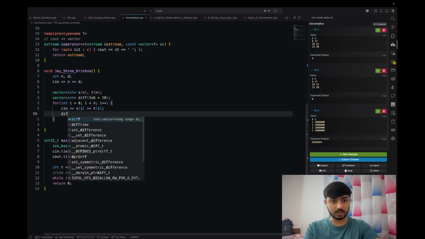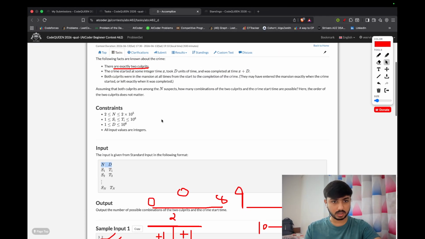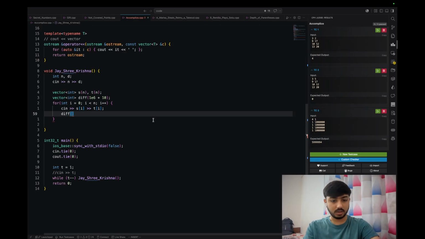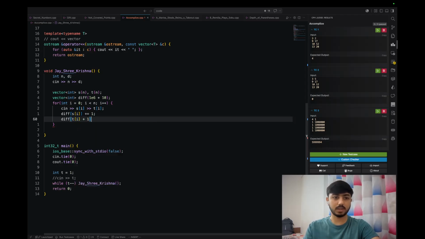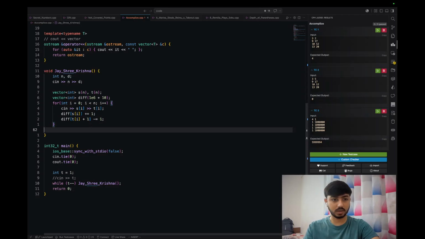We'll do difference of S of I plus 1, difference of T of I plus 1 minus 1.